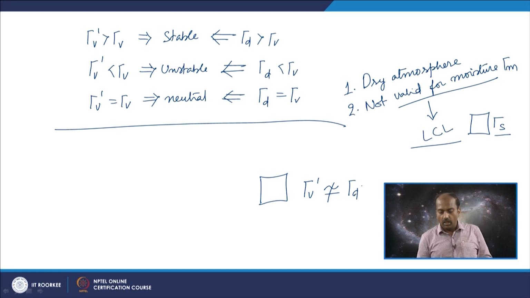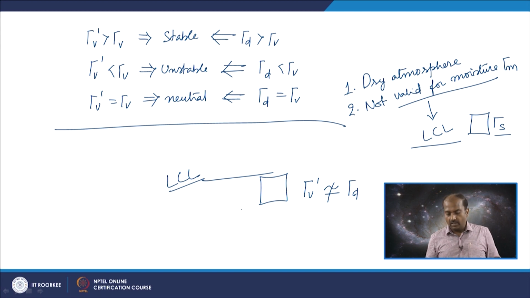What will happen? If you have moisture, when it reaches the lifting condensation level, it immediately leads to condensation, and condensation produces water droplets and releases an amount of heat. This heat is called the latent heat of evaporation or condensation.